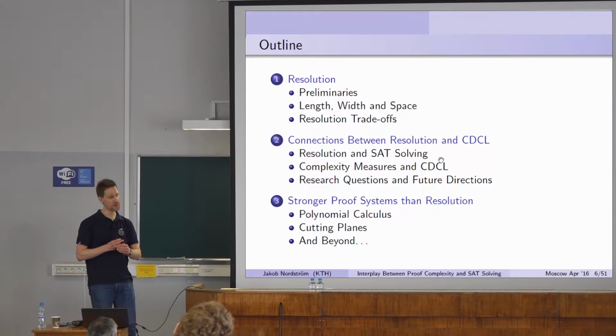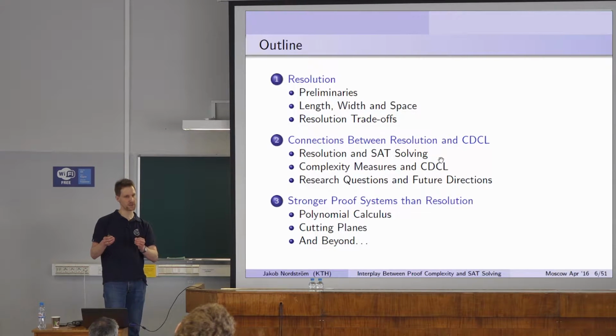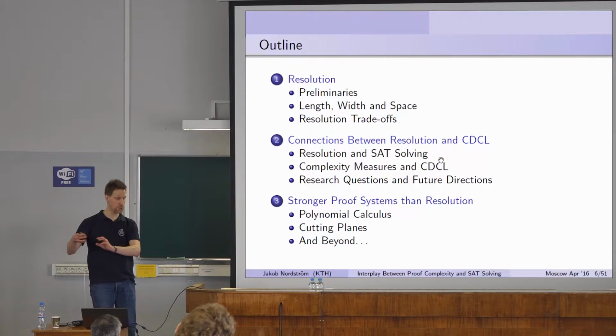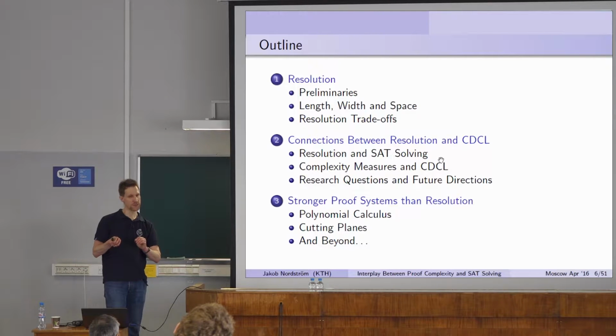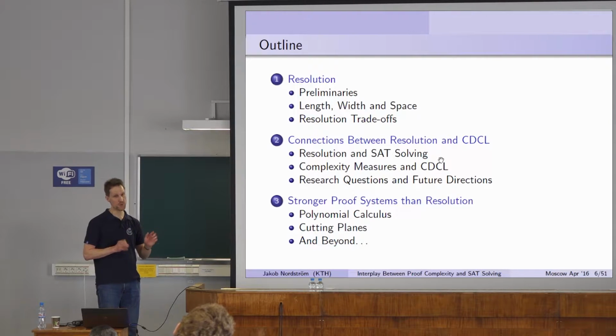And that's a very interesting question, like how well are the best CDCL solvers doing compared to the best they could, if you look at the resolution proof system. And this is also an intriguing area with somewhat contradictory results. There are some results saying that CDCL is pretty much doing anything that resolution can do, but then there are other results.